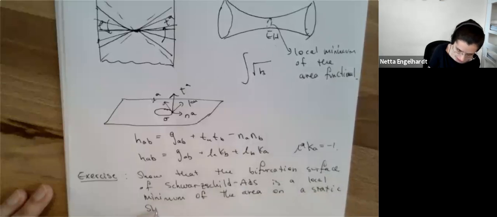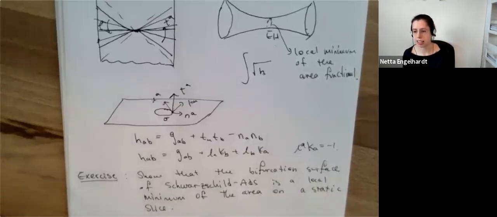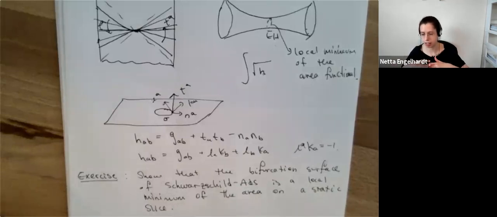And when I say static slice, just to be clear, I mean one of these slices that are normal to this vector field t^a, which is a Killing vector field. Because you could take another Cauchy slice and wiggle it around, or you could even take a piecewise null Cauchy slice. But here, when I say a static slice, I mean one that's a member of this preferred foliation.